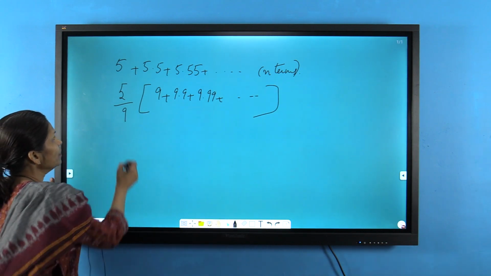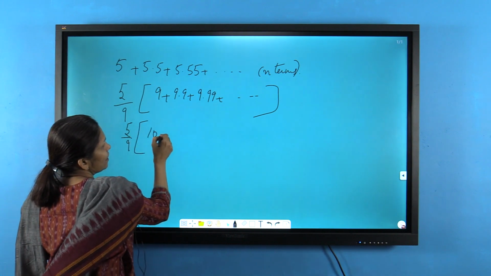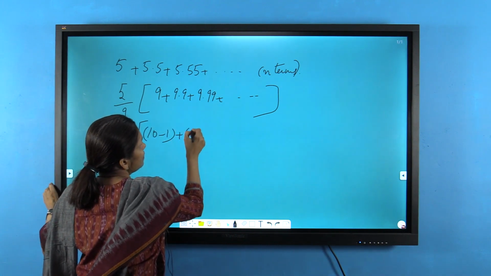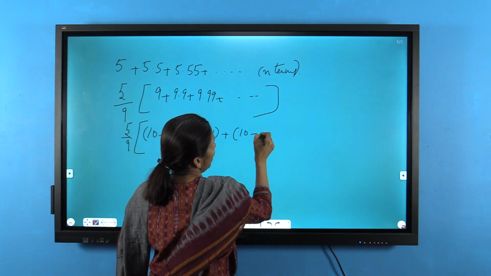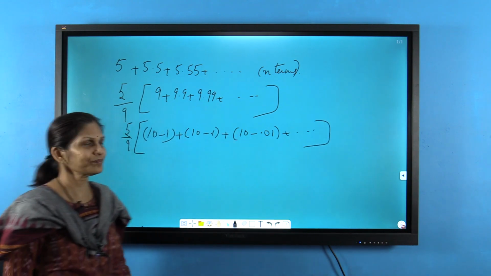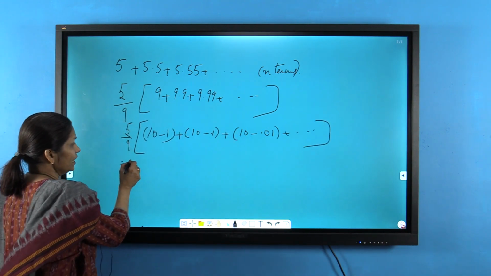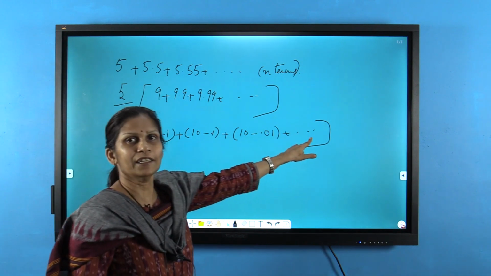Yes. So, this 5 by 9, what is 9? 10 minus 1. This is 10 minus 0.1. This is 10 minus 0.01 and so on. Okay. So, in this bracket the first terms are the same.